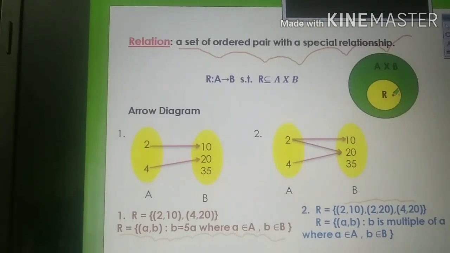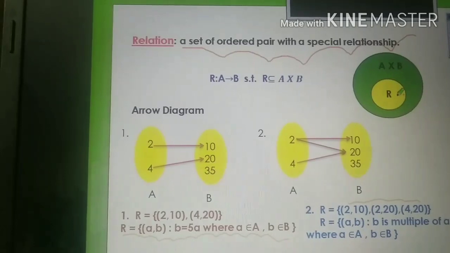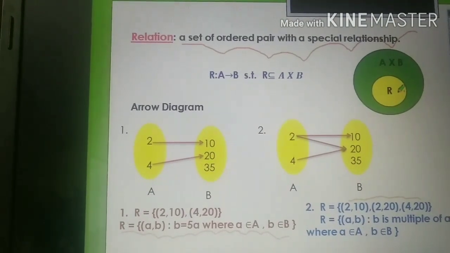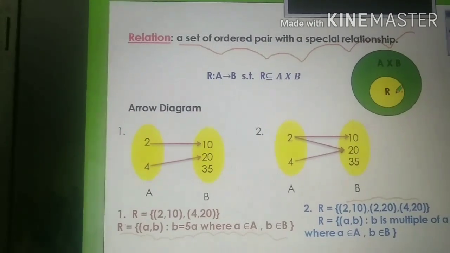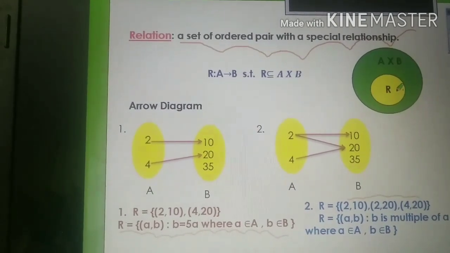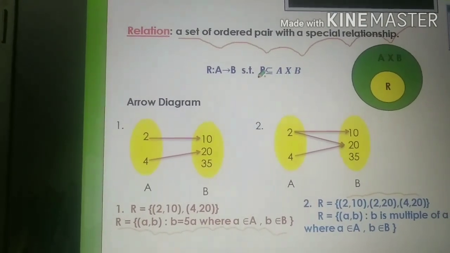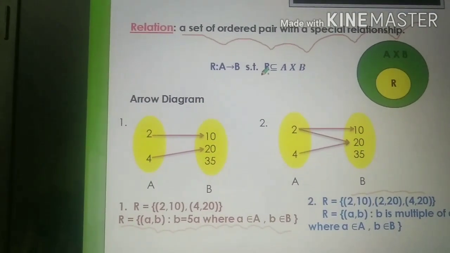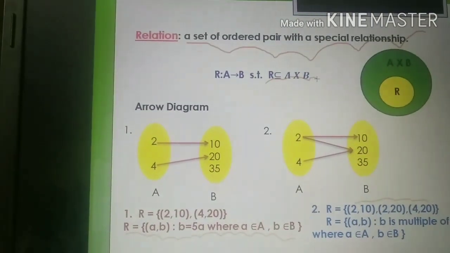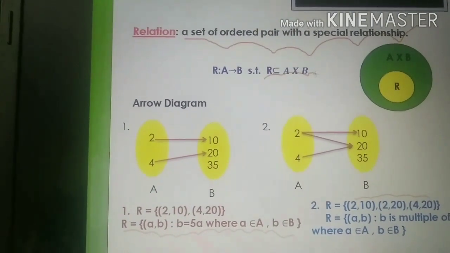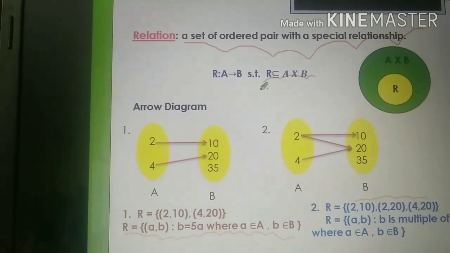But some elements that have a specific relationship, or some special relationship. So elements of a relation come from the Cartesian product. Therefore, a relation is always a subset of A cross B.